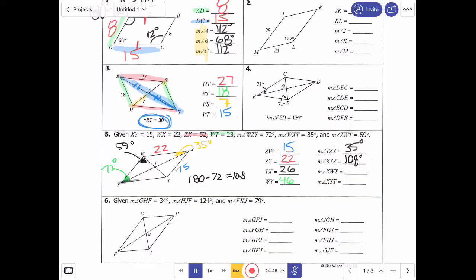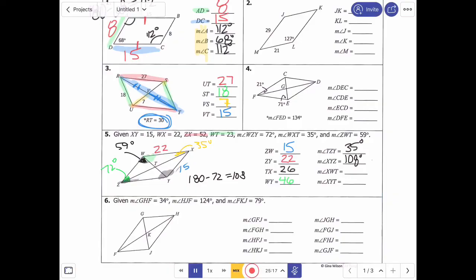However, I now know what this full angle is. I know that this whole angle that I'm highlighting right now is 108 degrees. So that means that this angle also has to be 108 degrees because they're opposite of each other. So if I take 108 and subtract what I already know, that 59 degrees, I should just be left with this TWX angle, this green highlighted angle.